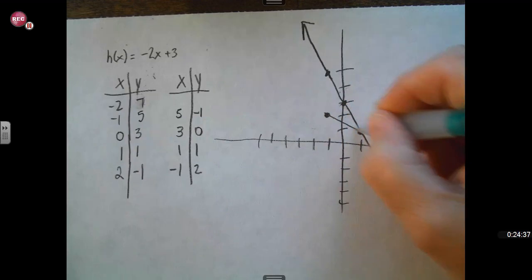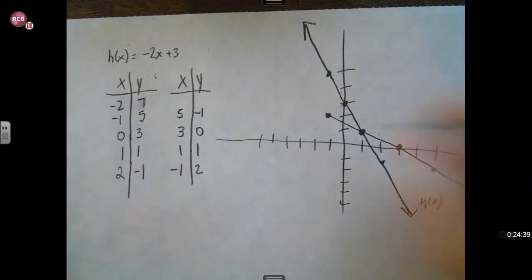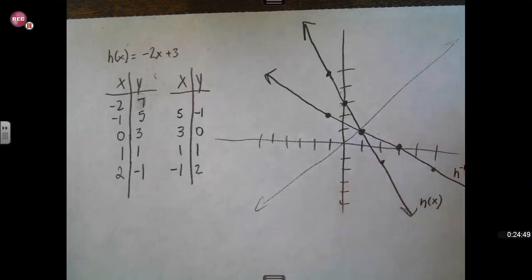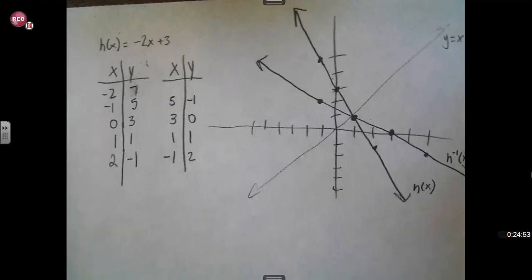That gives me that line. That is h inverse of x. And if you wanted to, you could put in y equals x lightly. That's what we just flipped over.